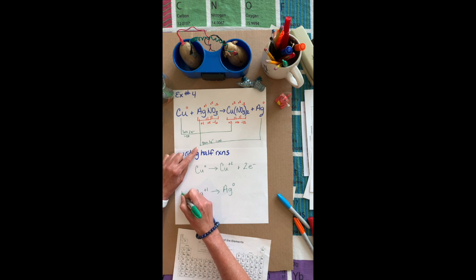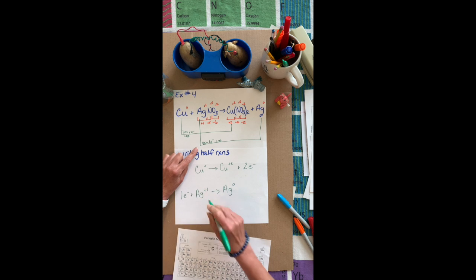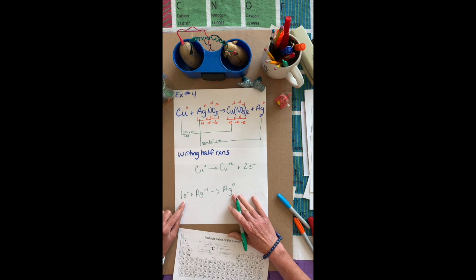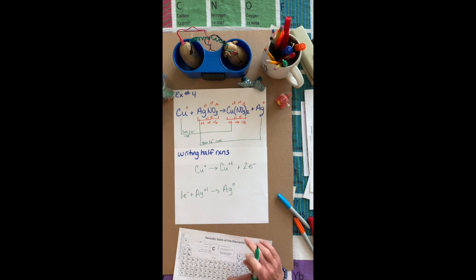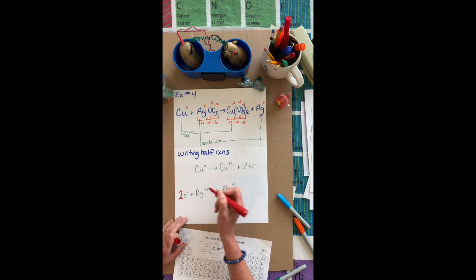We've gained 1 electron here in our reduction half reaction. Oxidation half reaction, reduction half reaction. We need to balance the charges. We have 2 and 1 here. We're going to multiply this by 2. So it's going to be 2, 2, 2.